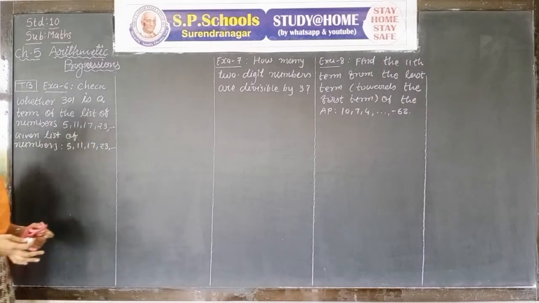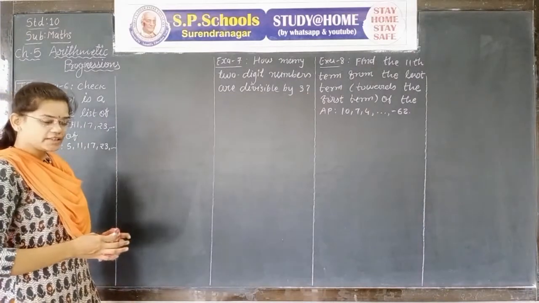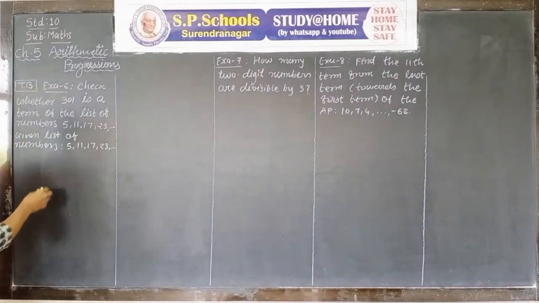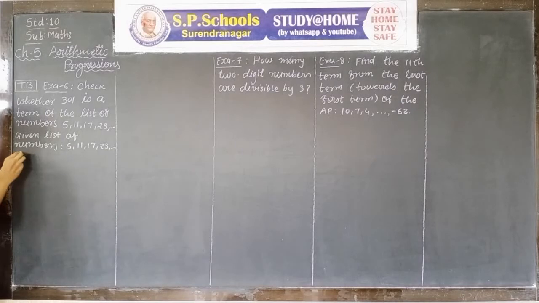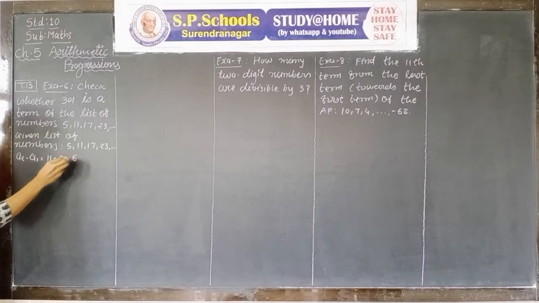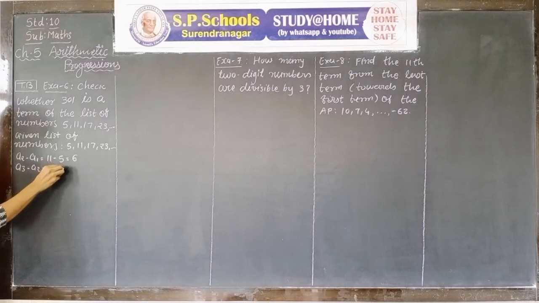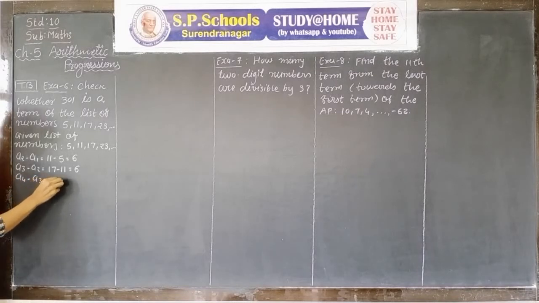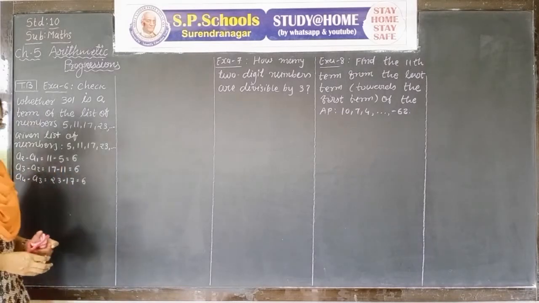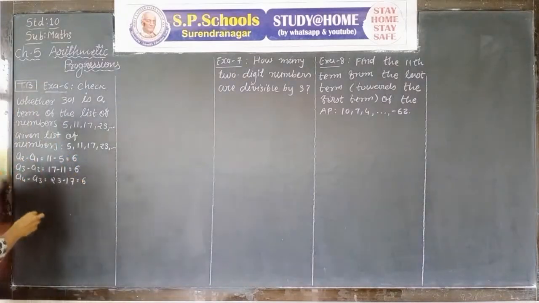First of all, to check whether it is an arithmetic progression or not, we have to find the difference between two consecutive terms. a2 minus a1, 11 minus 5 is equal to 6. a3 minus a2 is equal to 17 minus 11 is equal to 6. a4 minus a3 is equal to 23 minus 17 is equal to 6. Here the differences between consecutive terms are equal.